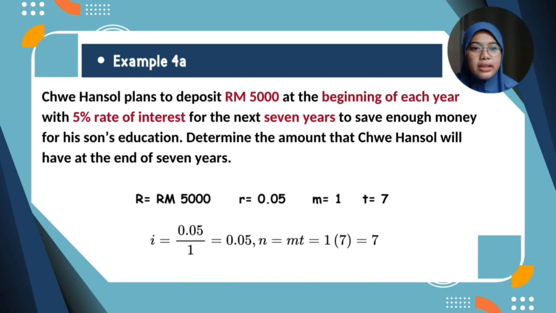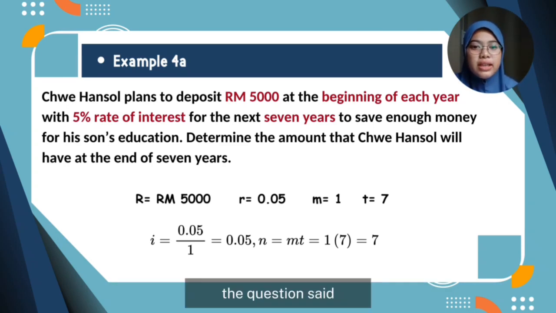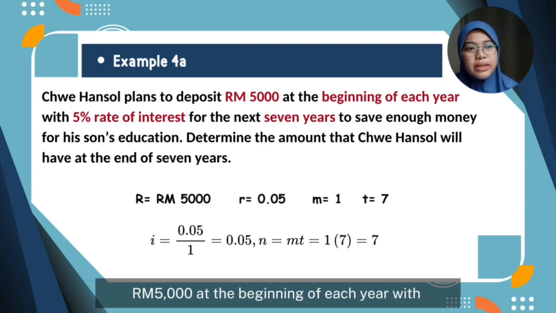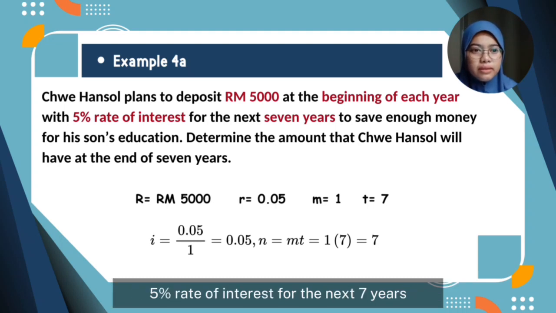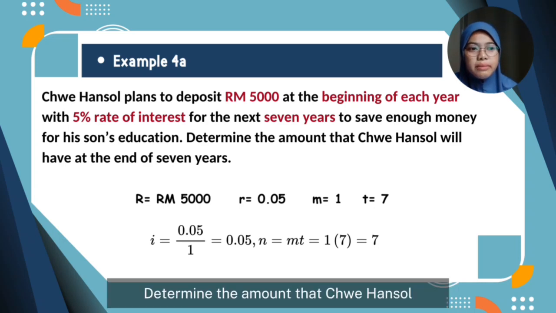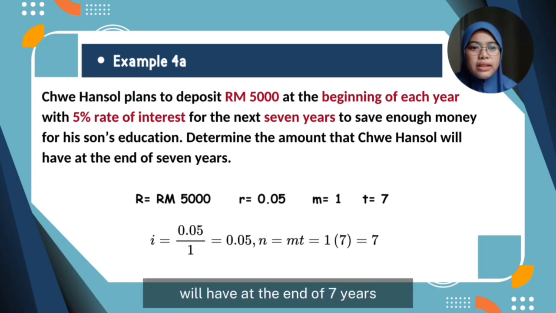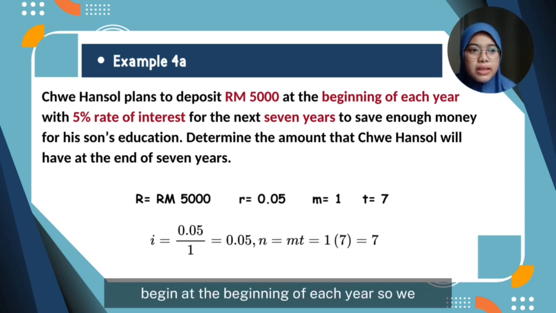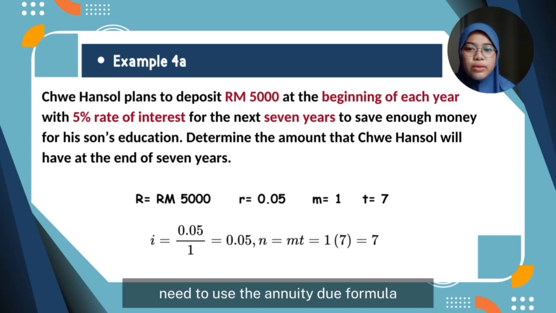Okay, the next question is example 4a. The question said, Chahanso plans to deposit 5,000 ringgit at the beginning of each year with 5% rate of interest for the next 7 years to save enough money for his son's education. Determine the amount that Chahanso will have at the end of 7 years. Because the question states at the beginning of each year, we need to use the annuity due formula.